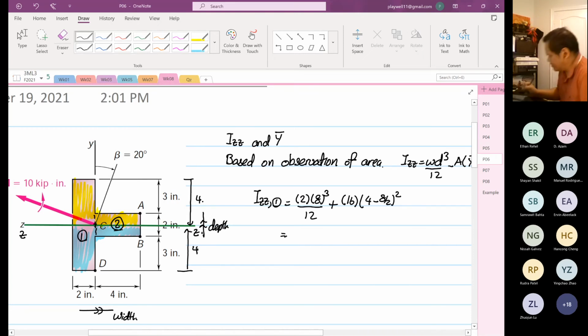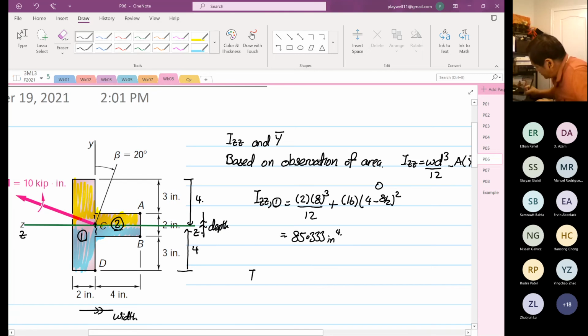Okay, so this will be equal to 8 power 3 times 2 divided by 12, which is equal to 85.333. Okay, this term disappears because 4 minus 8 divided by 2 is equal to 0. That's why it drops off.